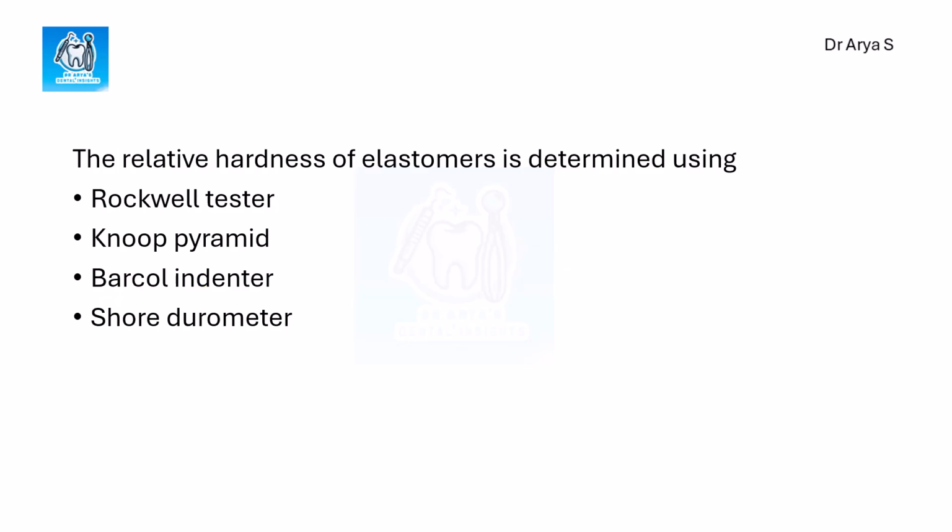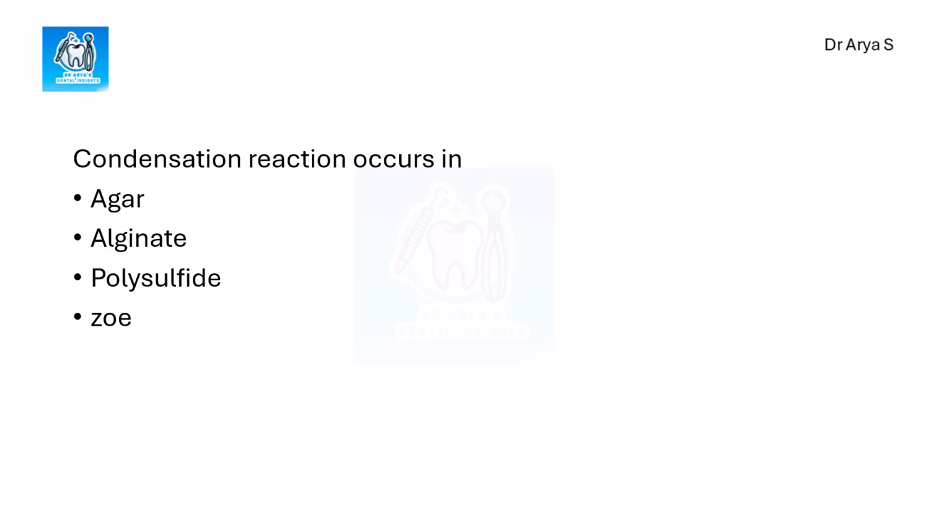Relative hardness of elastomers is determined using Rockwell tester, New Pyramid, Barcol indenter, or Shore durometer. Answer is Shore test. So Shore durometer is used to determine the relative hardness of the elastomers. Then condensation reaction occurs in agar, alginate, polysulfide or zinc oxide eugenol.